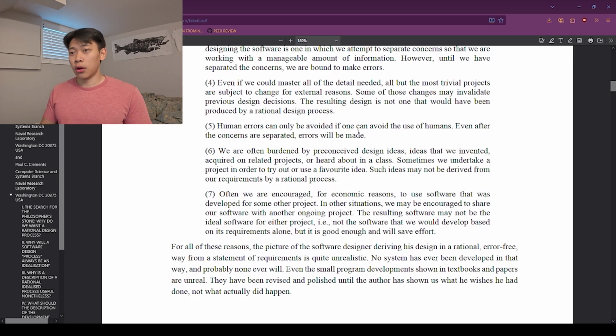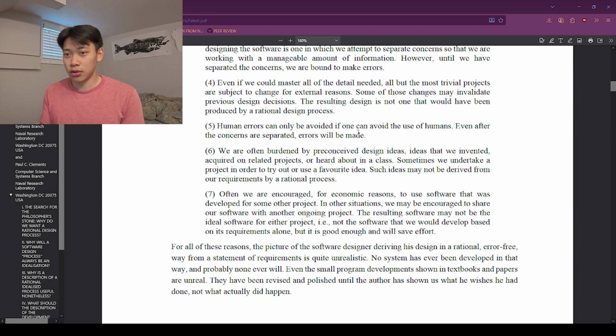4. Even if we could master all the detail needed, all but the most trivial projects are subject to change for external reasons. Some of those changes may invalidate previous design decisions. The resulting design is not one that would have been produced by a rational design process. 5. Human errors can only be avoided if one can avoid the use of humans.